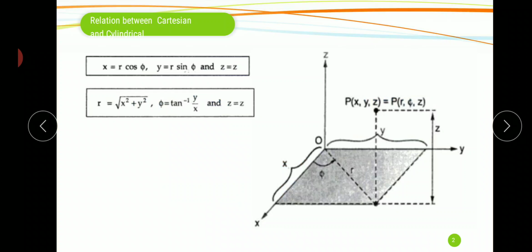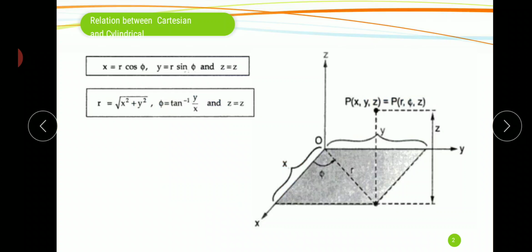In the Cartesian coordinate system, the variables are x, y, z. Their ranges, that means their limits, are minus infinity to plus infinity.